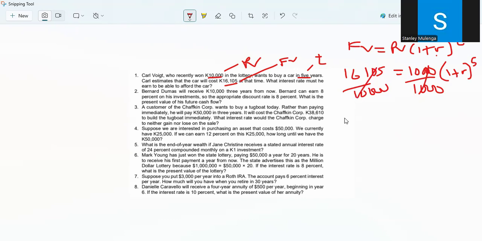So what do we have? 1.6105 is equal to (1 plus R) to the power time. So to find the time factor, what do we do? We reciprocate. So we multiply by 1 over 5 to remove this.